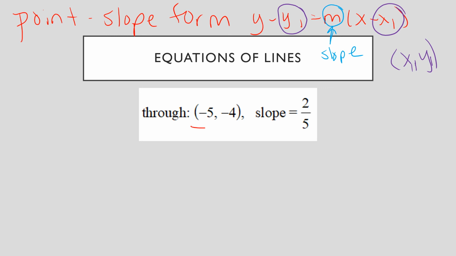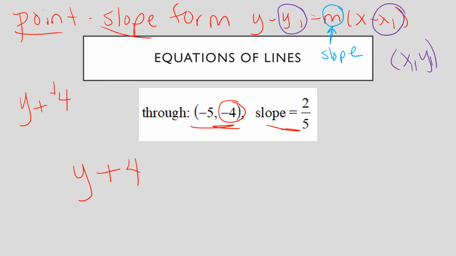So because it's a point and a slope, notice point-slope form, those are the two things I need. So I'm going to substitute y minus -4 is going to turn into a plus 4. So again, y minus -4, I'm adding because I'm keep, change, change, if you remember that rule, or subtracting a negative is actually adding. Equals my slope, circled in blue up there because that's the next part of my equation, is 2/5.